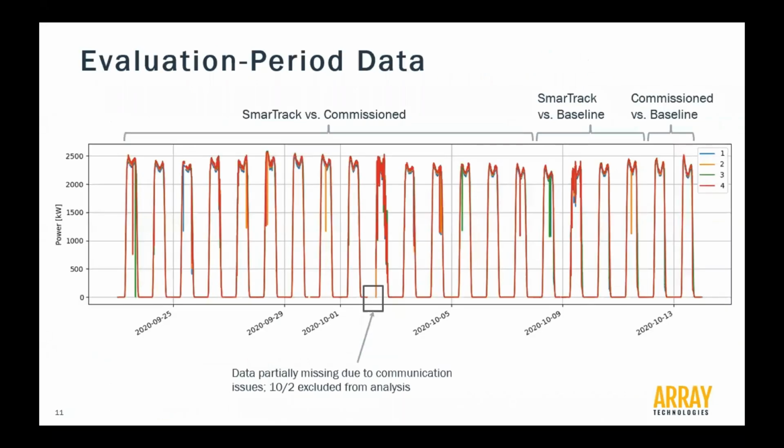The analysis for these three tests varies to avoid too much power loss from the baseline for our customers. Baseline tracking or backtracking results in a lot of losses. But what mattered most was that we had at least one even and one odd day.